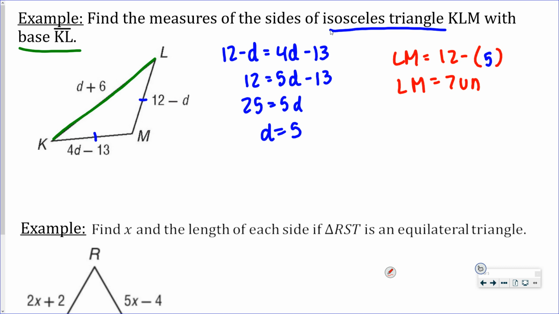You can shout out. KM, right? KM is also what? 7. Those are 2 congruent sides. Could you go ahead and plug in 5 here and do 20 minus 13 and get 7? Yes, you could, but save yourself some time, right? We know those are 2 congruent. KL, however, I'm going to have to do some math there. I know it's D plus 6. So 5 plus 6, I'd get 11 for that one.